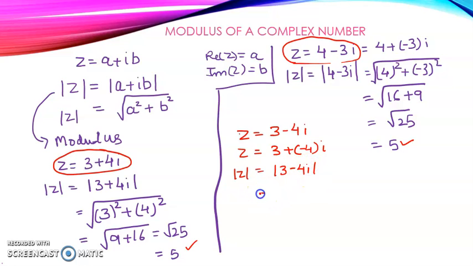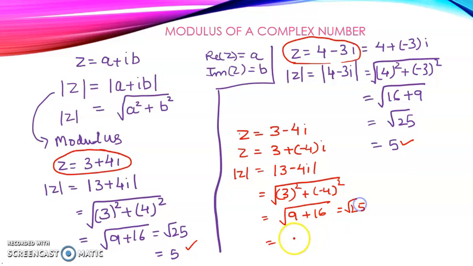Again the same thing: square of the real part, 3 square, plus the square of the imaginary part, minus 4 square, and under root. So 3 square is 9 and minus 4 square is 16. 9 plus 16 is 25, which is root 25, equal to 5. Are you following, students? Clear to all?